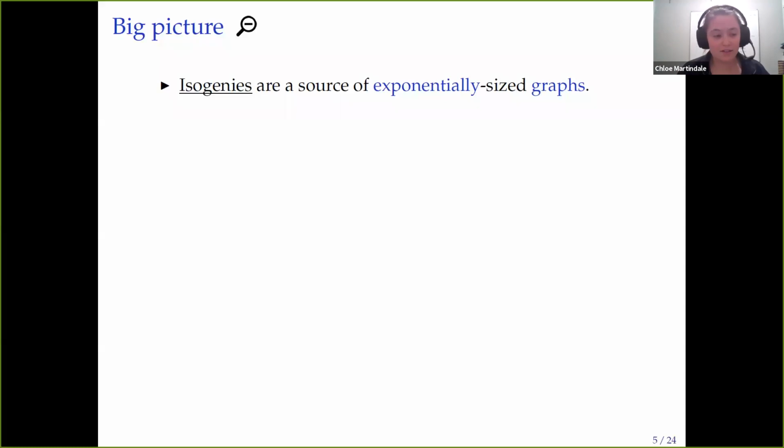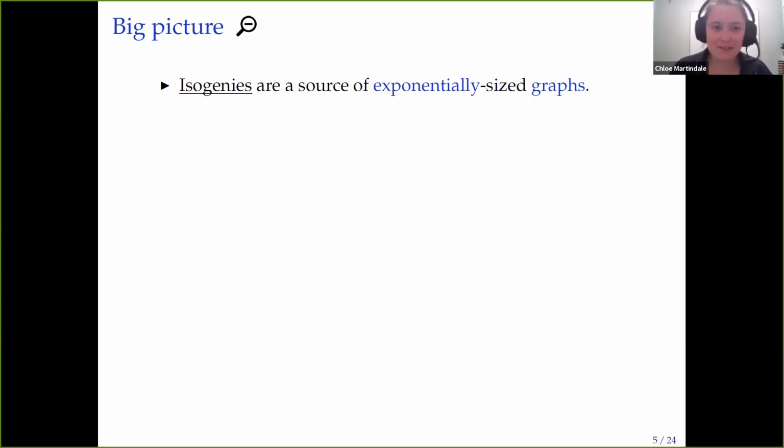That was Charles, Goren, and Lauter. And then David, Zhao, and Luca de Feo, and later Jerome Plut thought, hey, why don't we also use this for a Diffie-Hellman key exchange? But there was a trick which they needed to add, which we'll get to in a little bit.